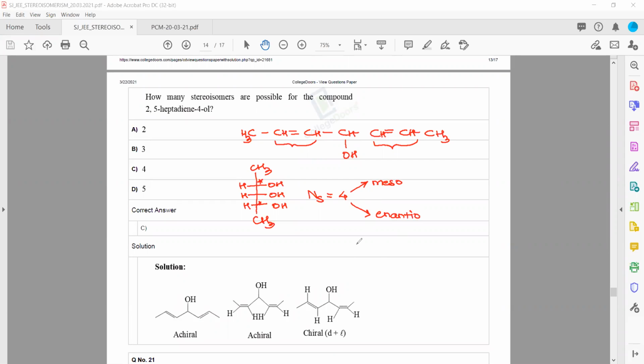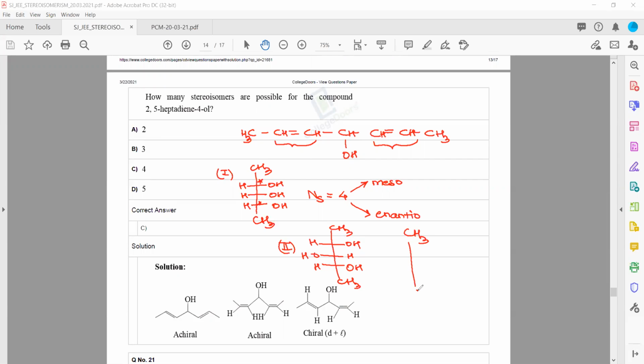Now, if you recollect, what were those 4 structures? First one was this. Second structure, I can have the methyls on the vertical line, and instead of the middle H OH, I can have the OH with H and H OH, H OH. So this also has a symmetry. So this is another meso form which is different from the first one.